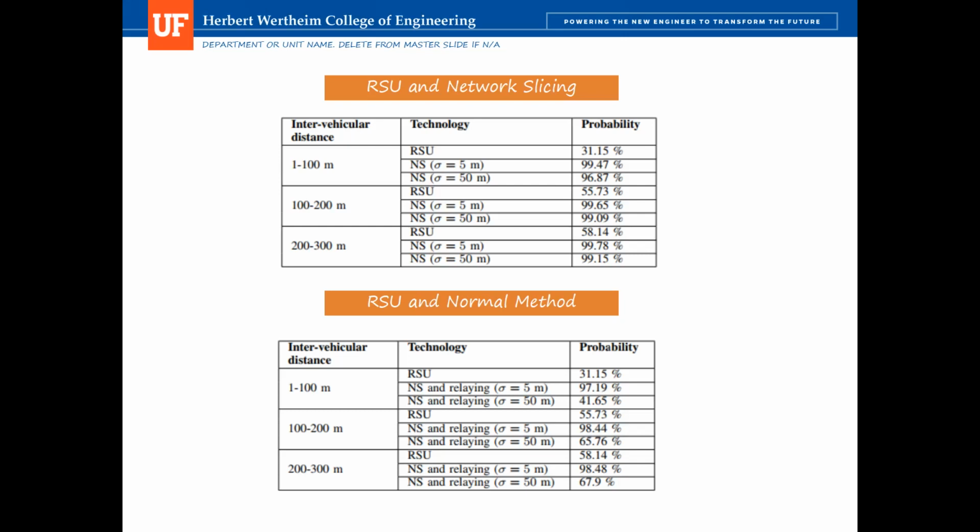And also, network slicing is much better than the normal roadside units communication. So in this way, we could know the network slicing method is pretty good, and it can pursue a fast and reliable network during the V2V models in 5G situations.